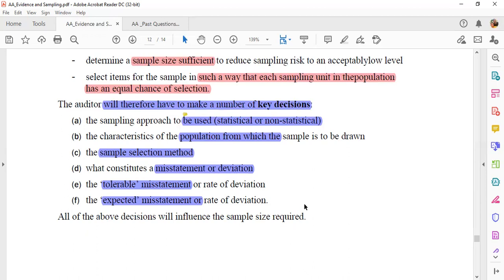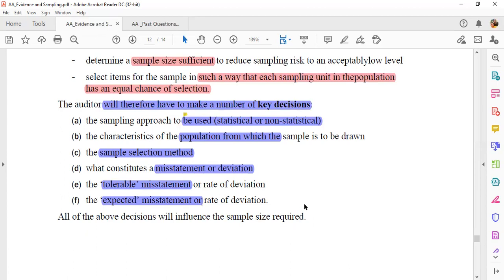What is your tolerable misstatement? Because your tolerable misstatement is something you have to set. If I find anything among the documents, say the population is 100 and I'm checking 70, and I see 10 that contain misstatement, that may not be material.